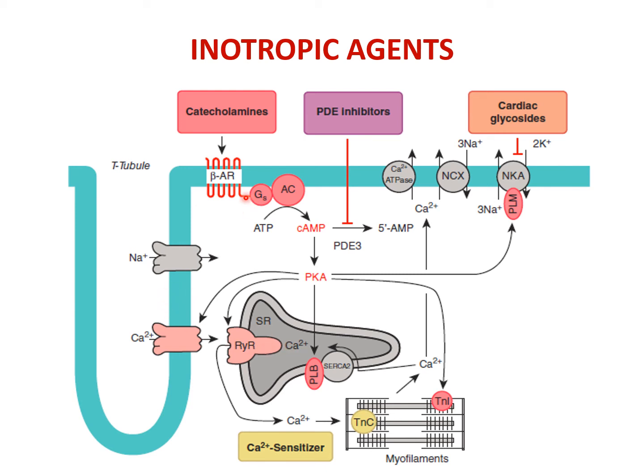Drugs like catecholamines, which act via the beta receptor, will cause an increase in the cyclic AMP level, and the phosphodiesterase inhibitors will inhibit the phosphodiesterase 3 enzyme, which is responsible for the metabolism of cyclic AMP. Both these drugs will increase the cyclic AMP concentration, thereby phosphorylating the phospholamban.